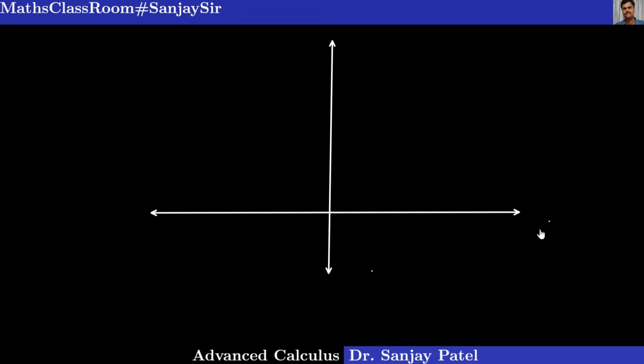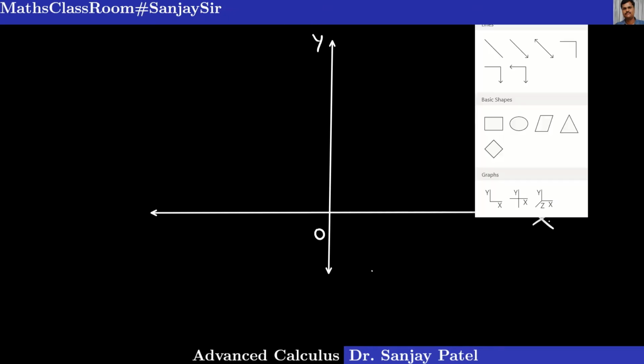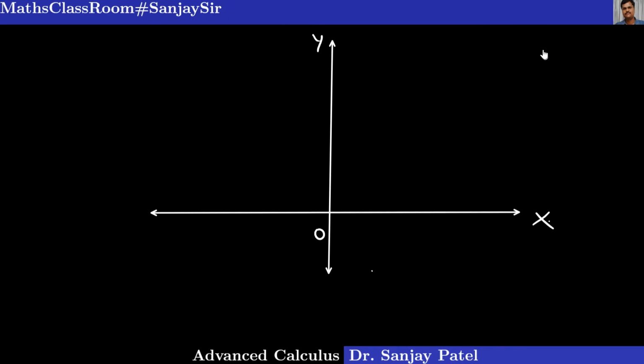And let us take a straight line y is equal to x, which is passing through the origin, making an angle of 45 degrees. So it is this line.